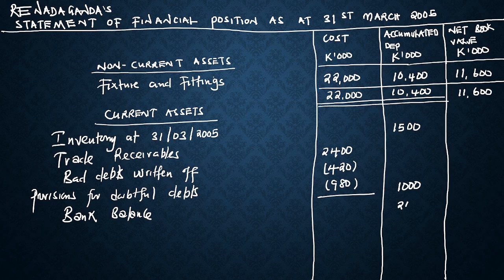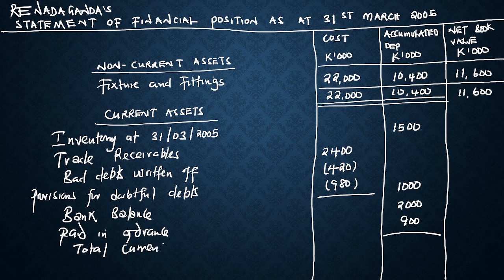So 2 million, then paid in advance, $900. When you add, what are you getting? 1.5 plus 1,000 plus the 2 million. Okay.